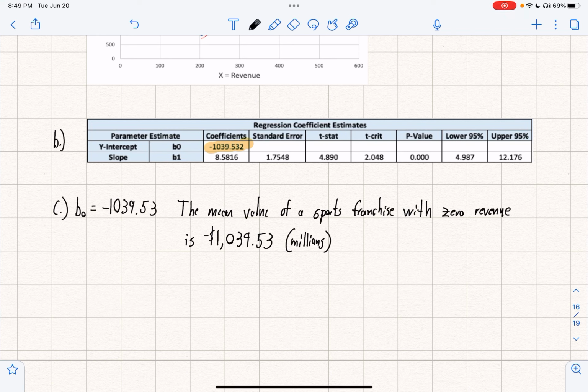That kind of makes sense. If you don't bring in any revenue, it makes sense that the value of your team is in the negatives. So b1 is 8.58.